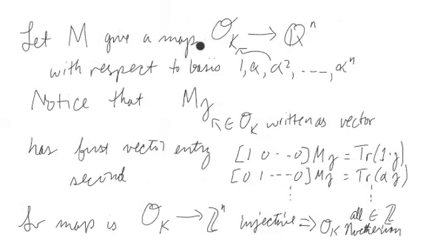So let's let M be a map, with respect to a vector space map, or a linear transformation of vector spaces. But let's restrict it to this ring, which is a subset of that vector space.